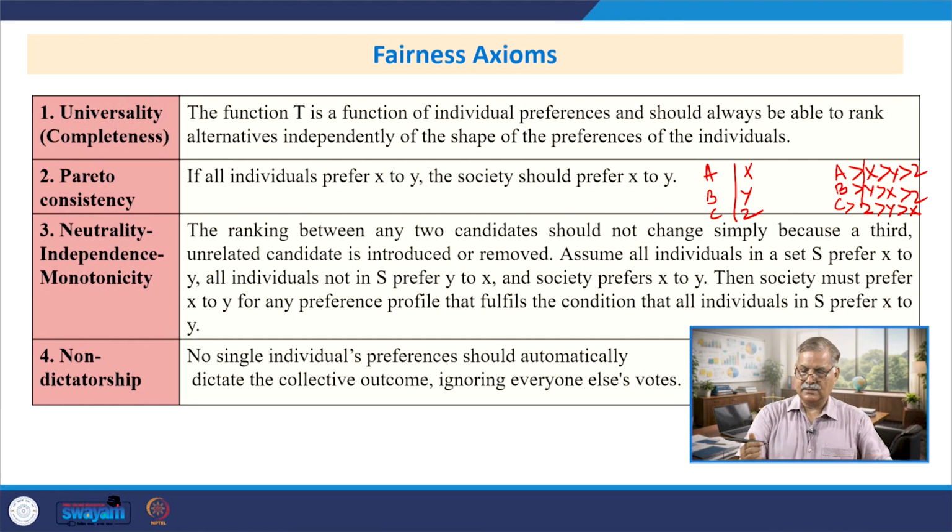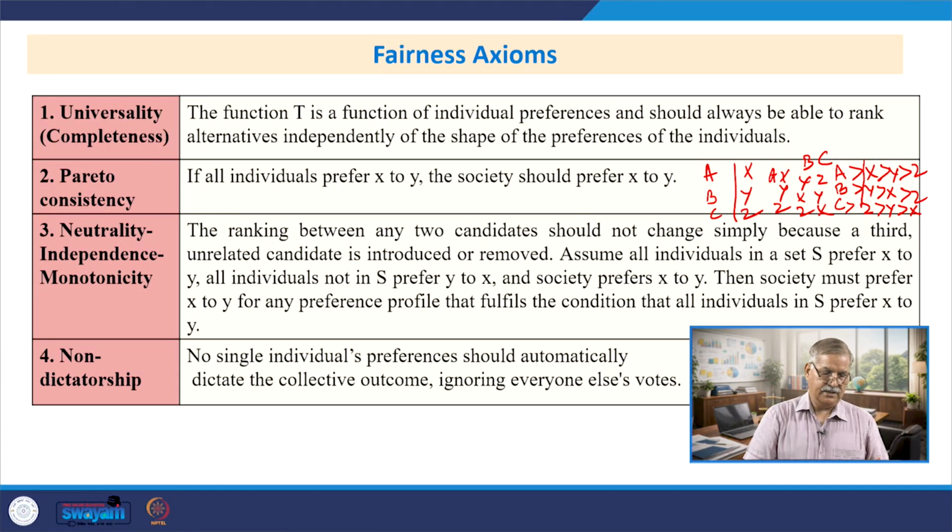So here A prefers X, then Y, then Z. B prefers Y, then X, then Z, and C prefers Z, then Y, and then X. In this way, if you want to make a summation of the total preference of the society, the decision must be taken based on this.